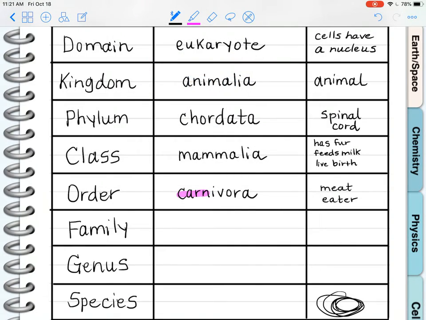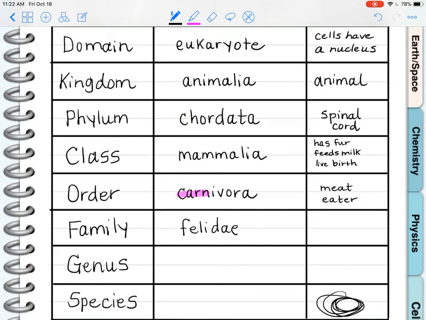And we'll add that in just a minute. We already added mamma. Remember, that means milk. So carn we'll add here in just a minute. Okay, so we know this creature eats meat. We know that it has fur. It has a backbone.